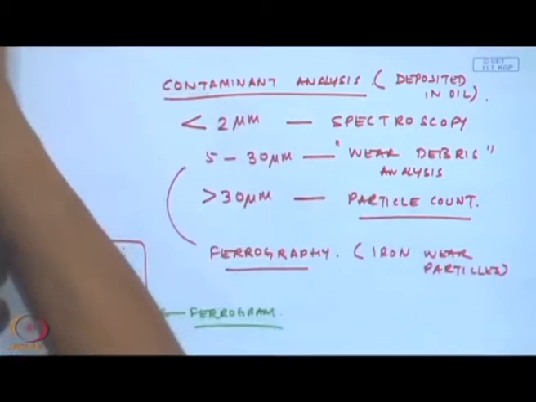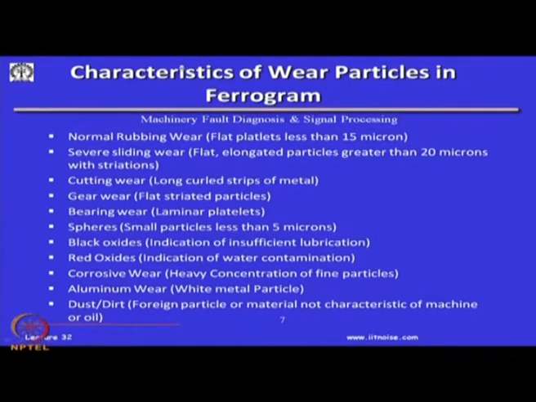Okay. So, if we look at the characteristics of wear particles in a ferrogram, normal rubbing wear is like flat platelets less than 15 micron. If the wear becomes severe sliding, you will have flat elongated particles greater than 20 microns with striations. There will be a lot of striated marks. Cutting wear, long curled strips of metal which you must have seen in your workshop.